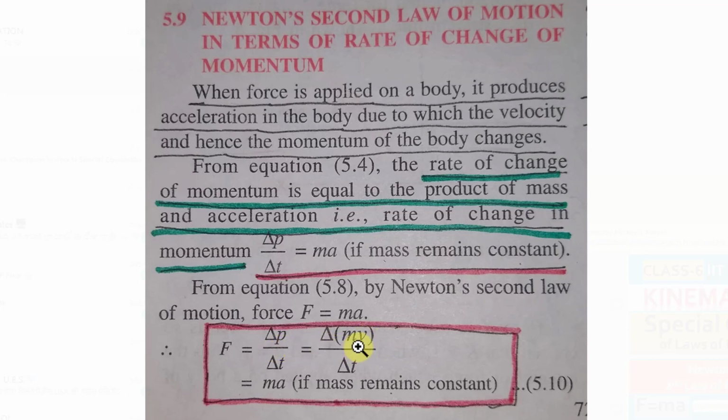Delta p means delta mv, because p is equal to mv, mass into velocity. Mass is constant, then it becomes m delta v. Now delta v by delta t is equal to a, acceleration. So this expression will be turned into ma, F equal to ma.